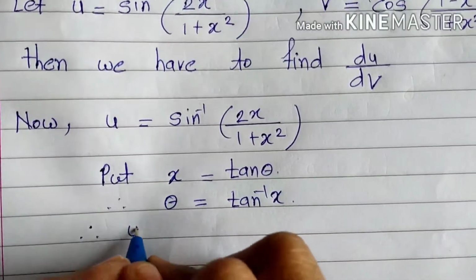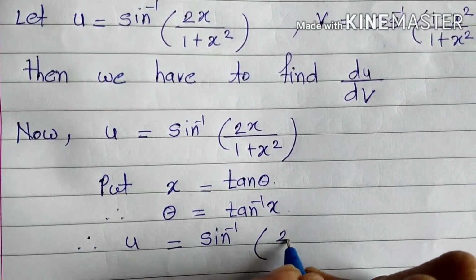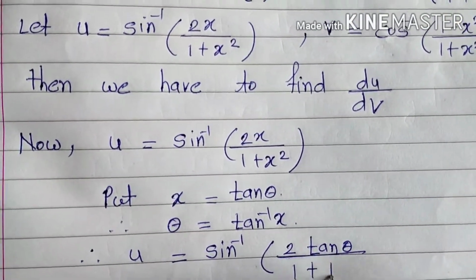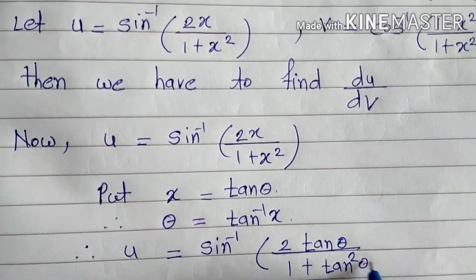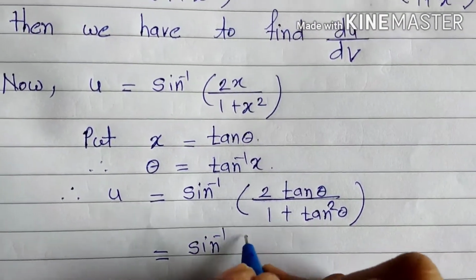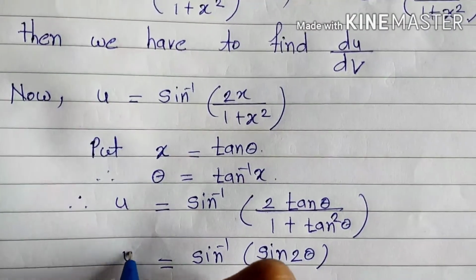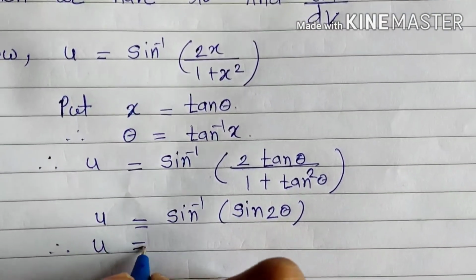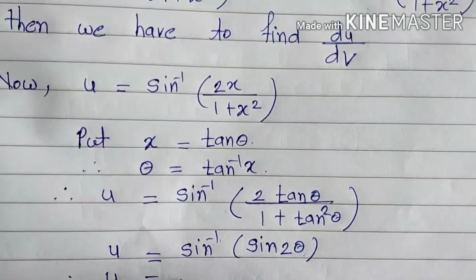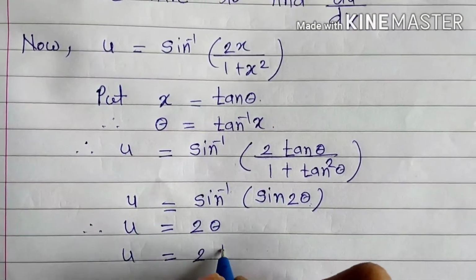Therefore u is equal to sine inverse 2 tan theta upon 1 plus tan square theta, which is the formula of sine 2 theta. Therefore sine inverse of sine 2 theta, so u is equal to 2 theta. Now put the value of theta, which is tan inverse x.